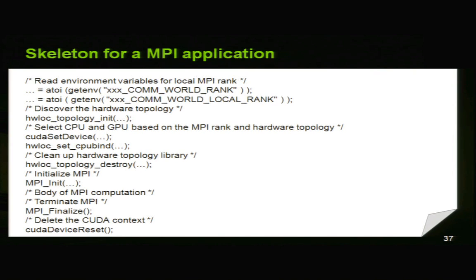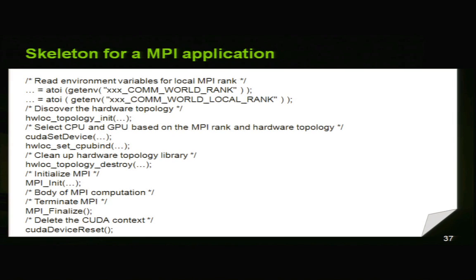Here is a skeleton for an MPI application in order to use the best hardware topology, the best combination of CPU and GPU settings. At first, you read the environment variables in order to get the local MPI ranks. You call the hwloc topology, and you set the CUDA device, and you bind the CPU to this GPU device.